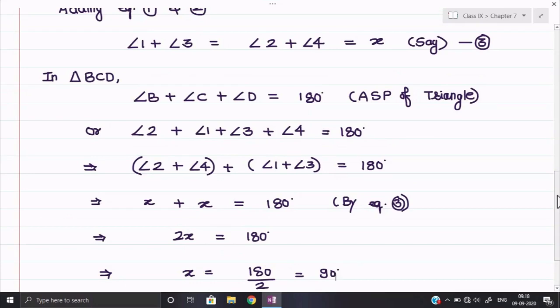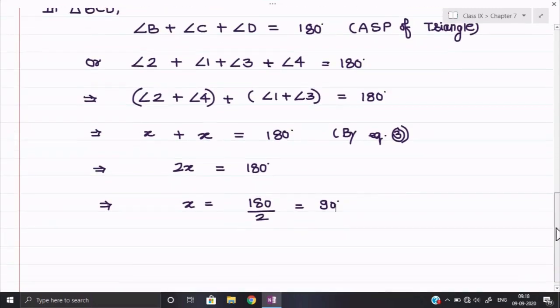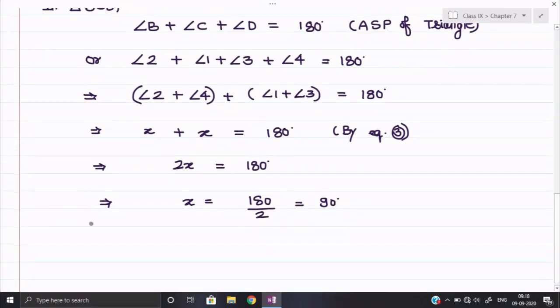So I am replacing it here by 1 plus 3. Therefore the value of x is equal to 90 degrees, or else I can say x, meaning angle 1 plus angle 3, is equal to 90 degrees. That I am writing with the help of equation number 3.